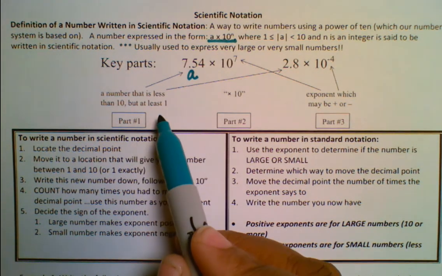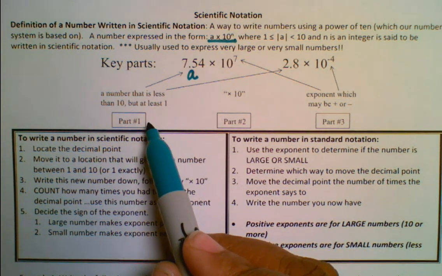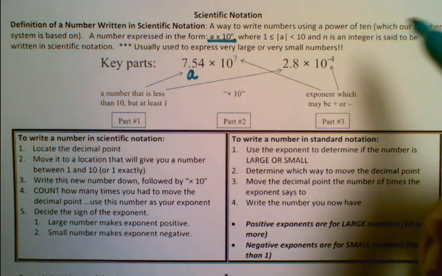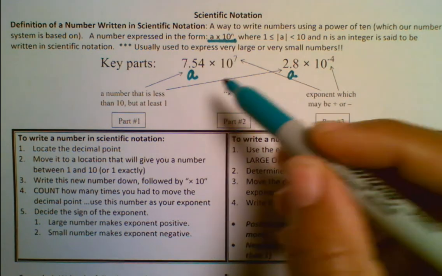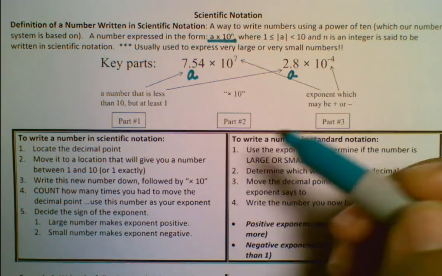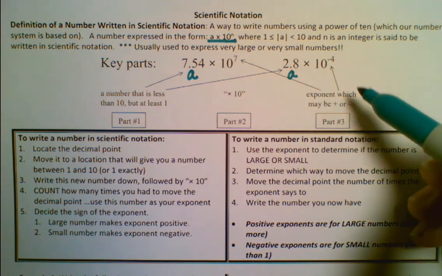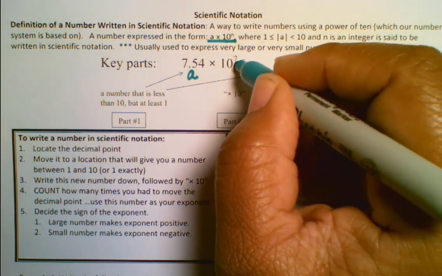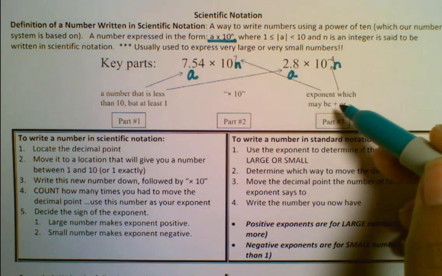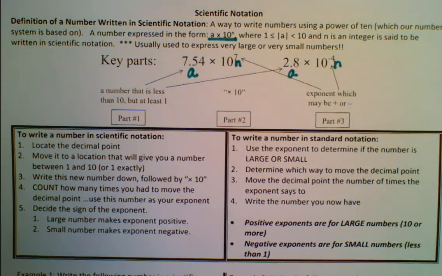So we have three parts to scientific notation. Then we have part 2, our times and then our base 10. And then our part 3, which is the exponent, which may be positive or negative.